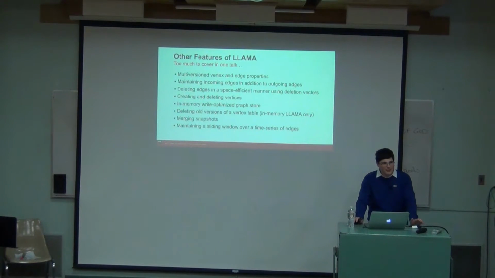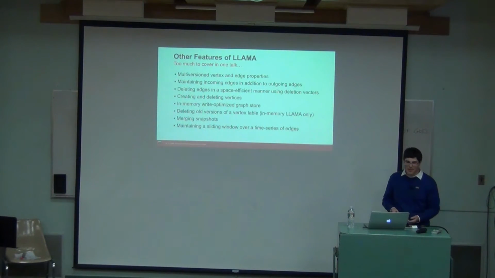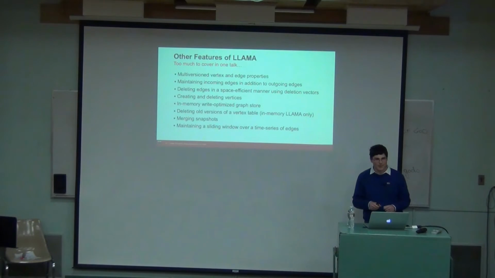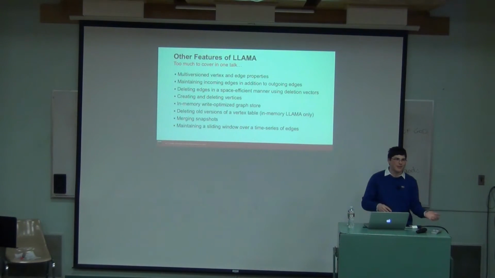Graphs are useful only so much, but if you add properties, they become much more useful. Properties mean things like the name of a person, date of birth, name of a page, what type of edge it is, that kind of stuff.